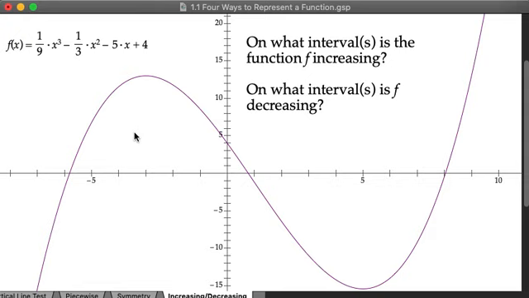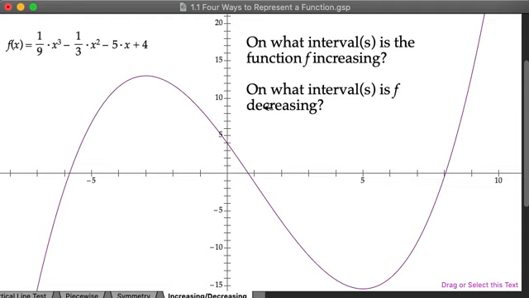I want you to look at those, and I want you to take those technical definitions and spend a solid minute thinking really hard about how those technical definitions basically mean that if a function is increasing, as you read the graph from left to right, the y values are going up.